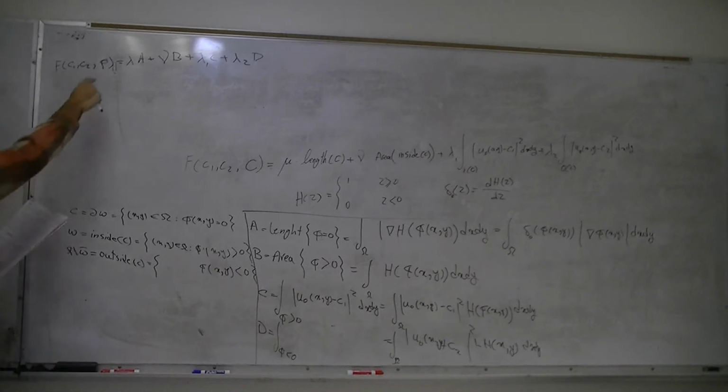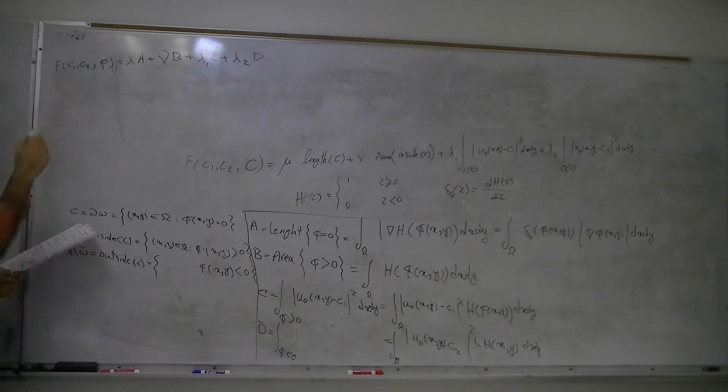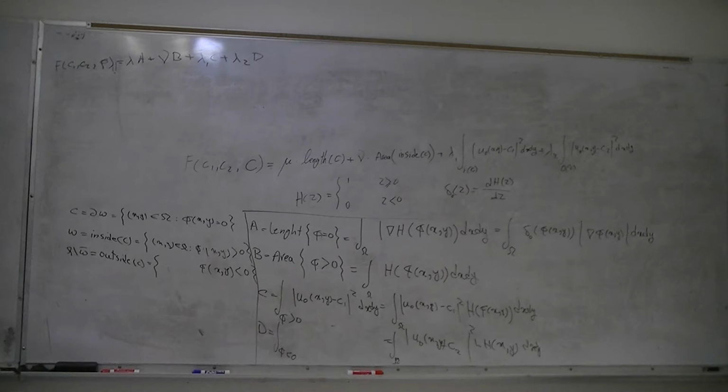And here we can keep phi as a fixed constant and try to minimize this function with respect to c1 and c2.